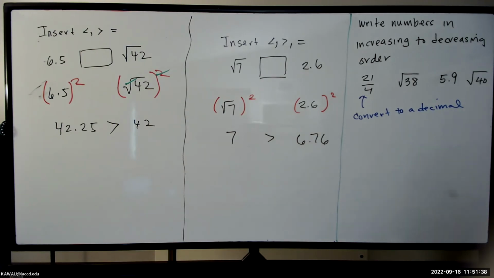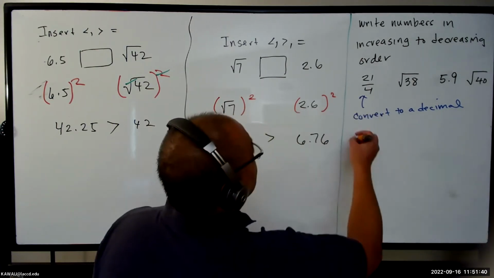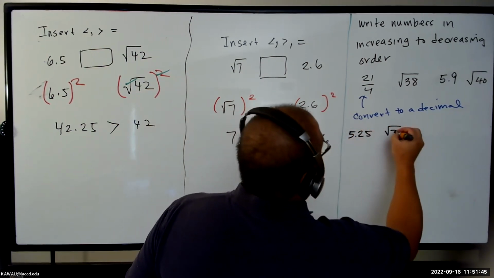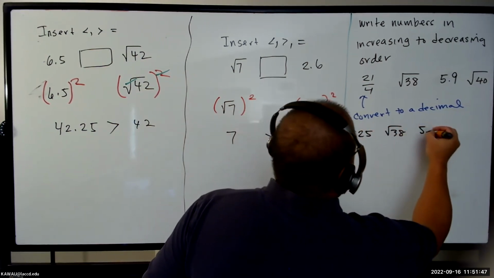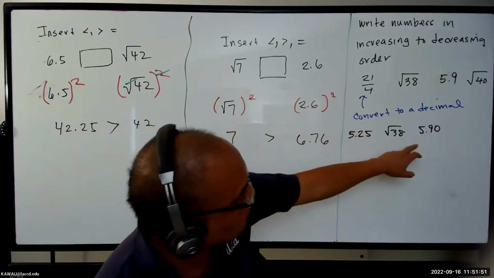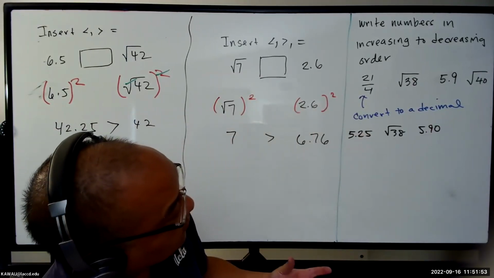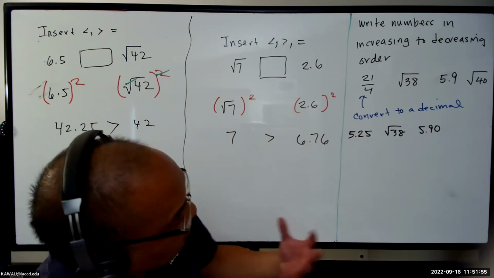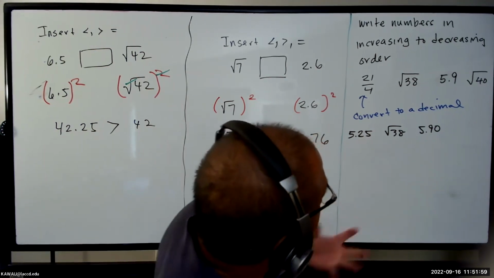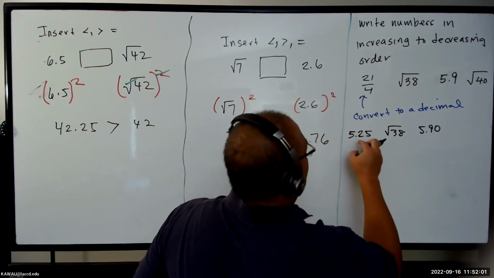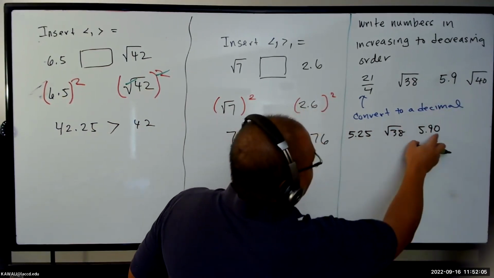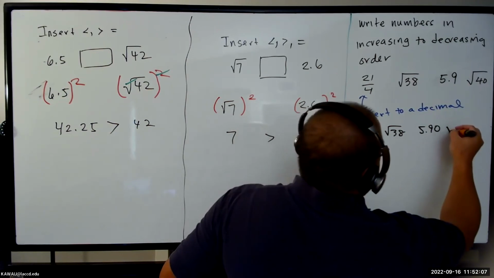So this is 5.25. Now, what I like to do is pad it so all of my decimals have the same number of digits after the decimal. So it's easier to compare, because sometimes you make the mistake where you go, this 525 is bigger than 59. And the answer is no. So I like to pad it with zeros. That way I won't make a mistake.